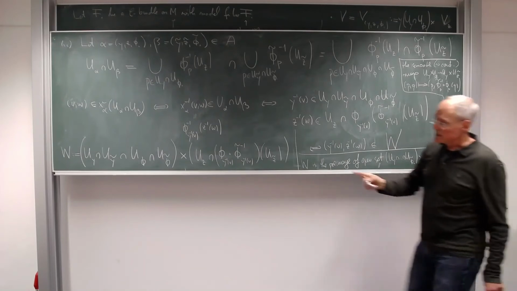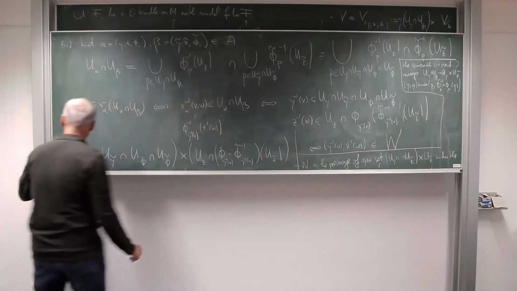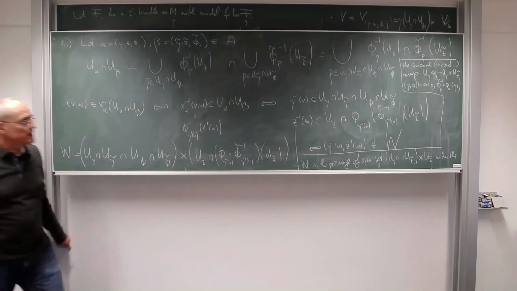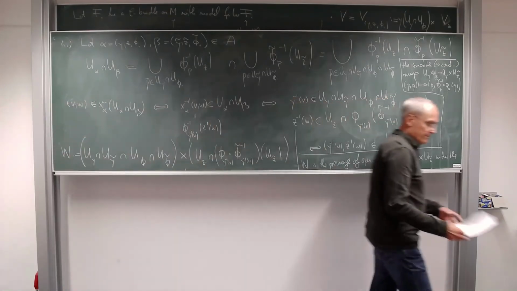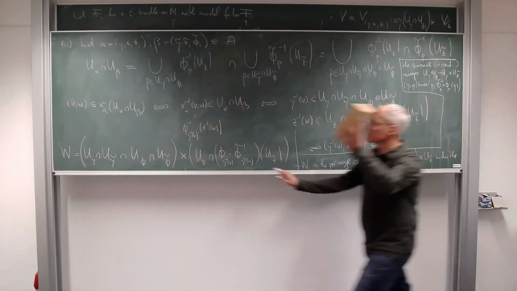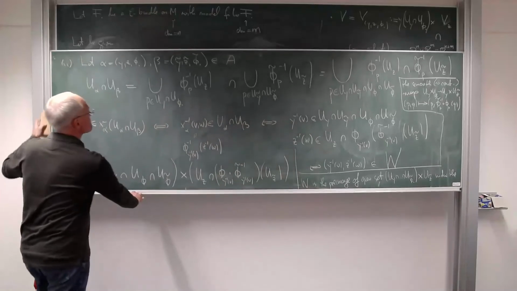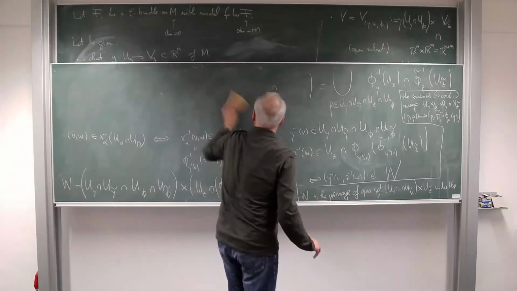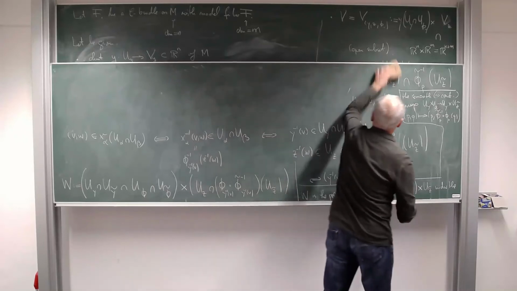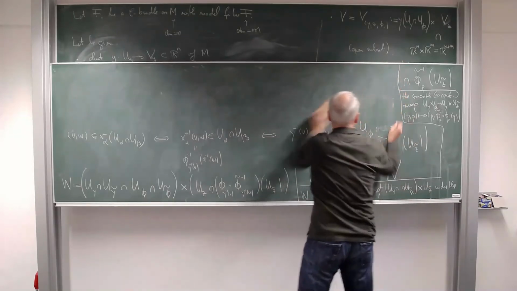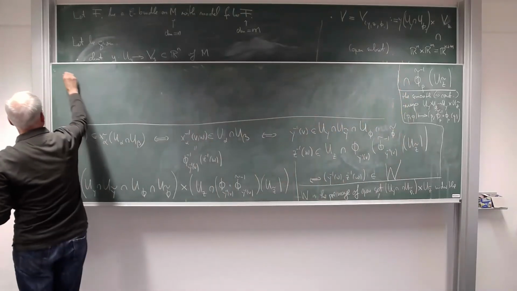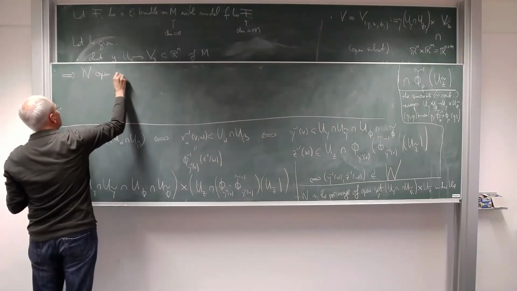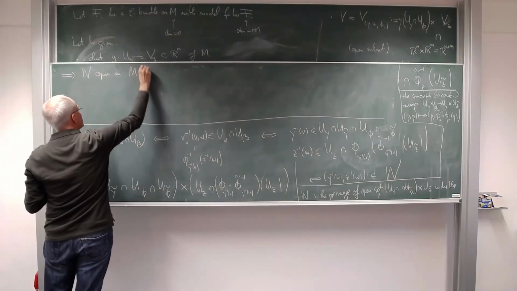This means that W is an open subset of M cross F. Therefore, W is open in M cross F.